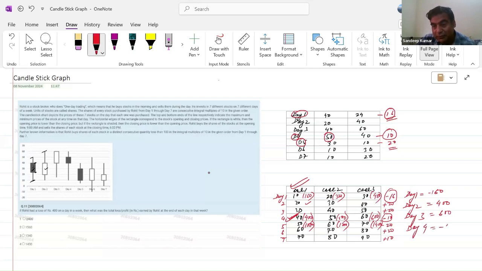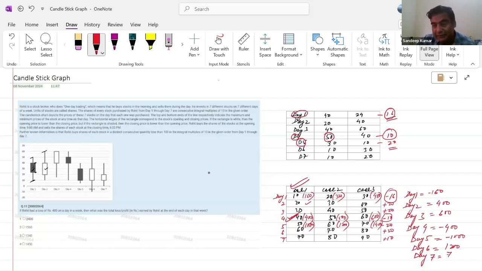That is minus 400 rupees. Day five, he makes a loss of 20 rupees. That is minus 1000 rupees. Day six, he makes a profit of 20 rupees, 60 shares, 1200. And day seven, he makes a profit of 10 rupees for 70 shares.